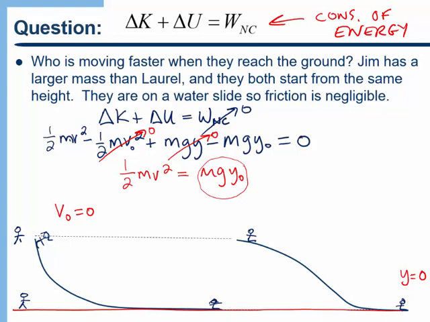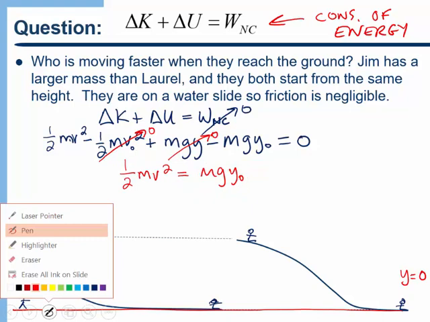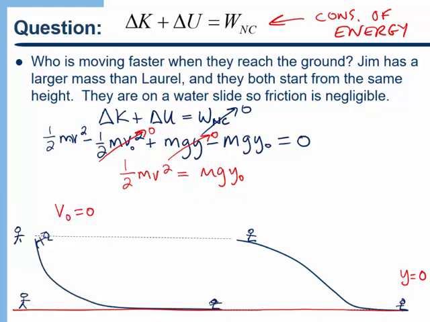Therefore, since all of that is being converted into kinetic energy, they have to end up with that amount of kinetic energy. You'll also notice that here we see that the mass doesn't matter because mass cancels out. And what we find is that they will all be moving with a speed of the square root of 2gy naught.